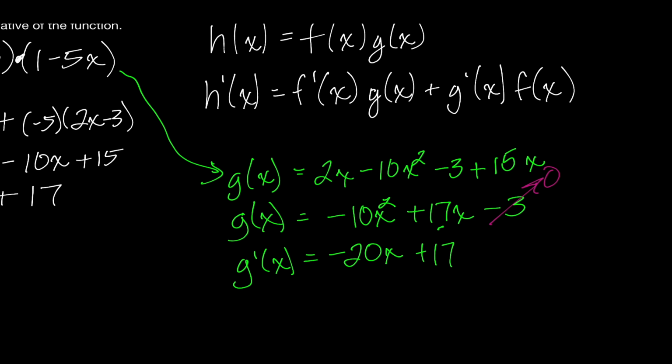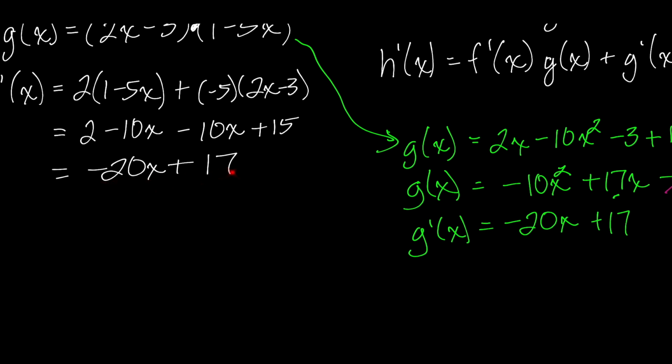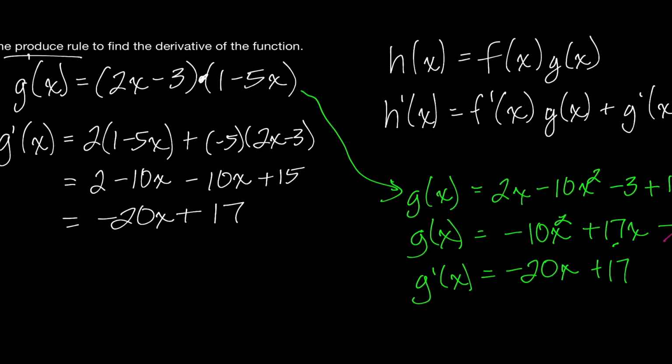So I have negative 20x plus 17. When I go back over here, hey, look at this. When I did the power rule, when I did the product rule, I got the same thing, negative 20x plus 17. And that's a very basic one. Show you how it goes. Show you another one in just a second. Stay tuned.